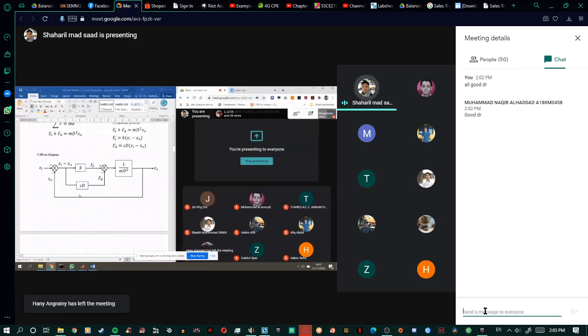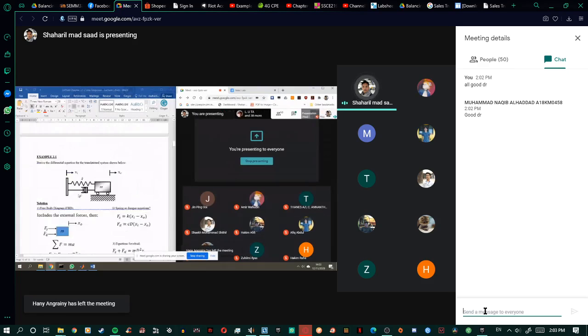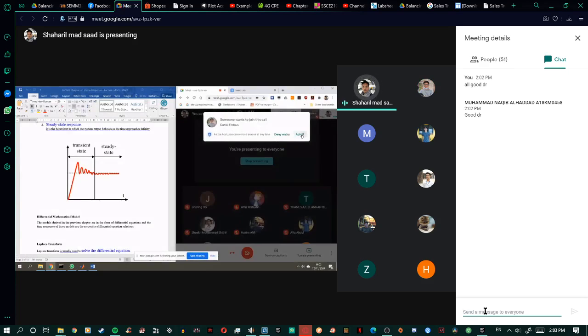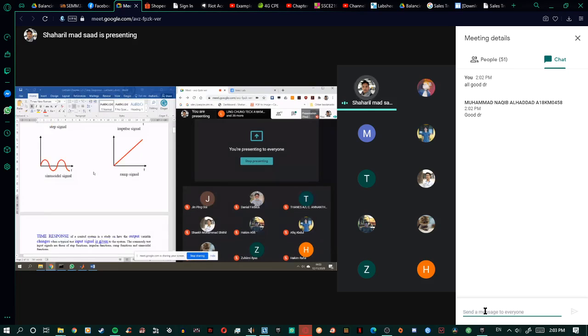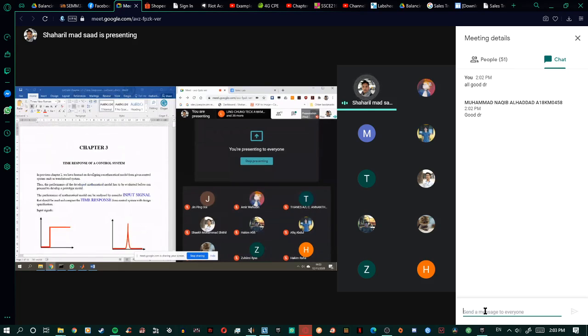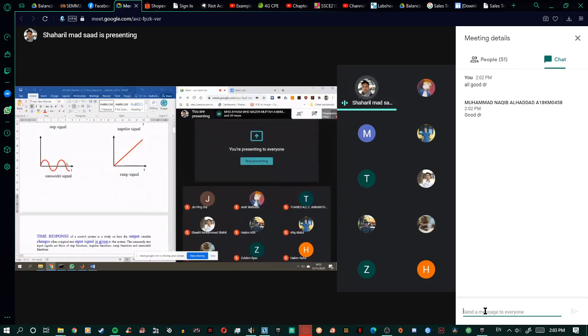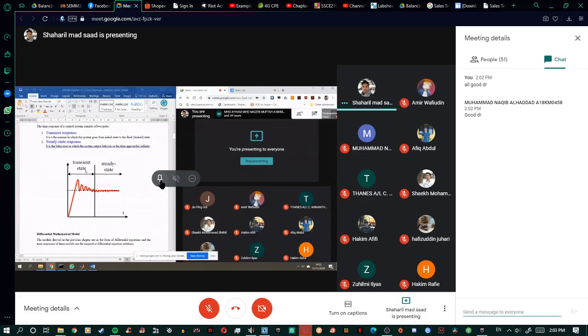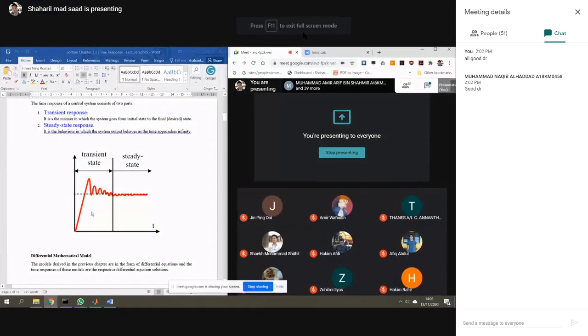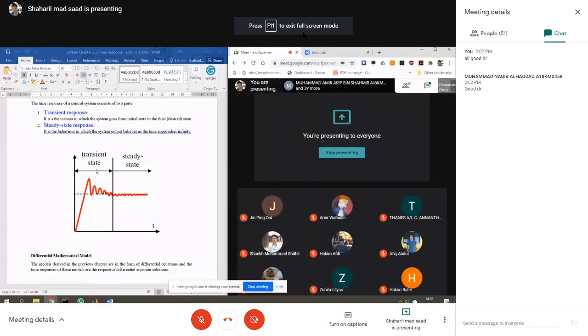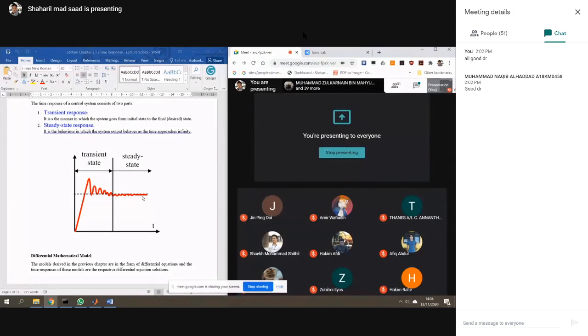Okay. So last Sunday we learned about time response, right? So we are given a type of input, like step input and so on, and then we will get the output, right? The output will have some transient state, which is the state where the output is not stable yet, and after that it will be stable, or it will be at steady state error.